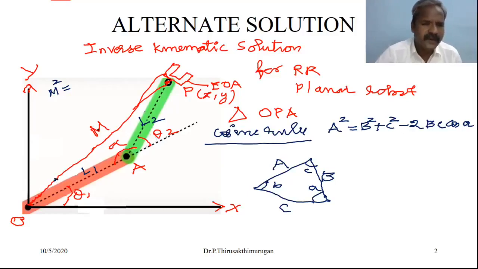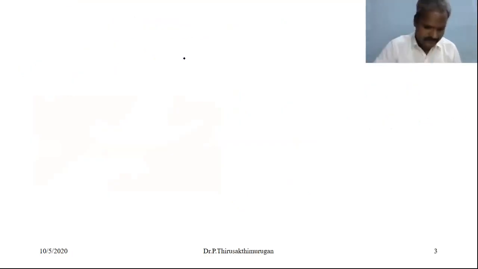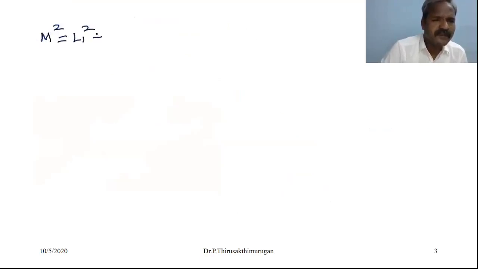So M square equal to L1 square plus L2 square minus 2 L1 L2 cos alpha.